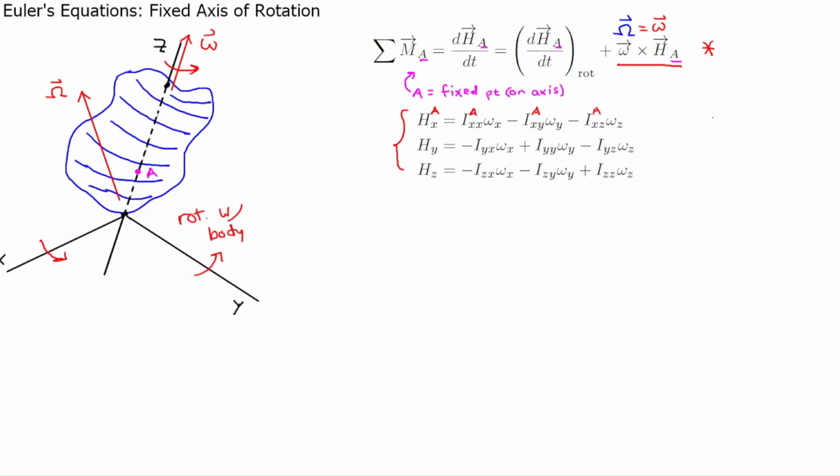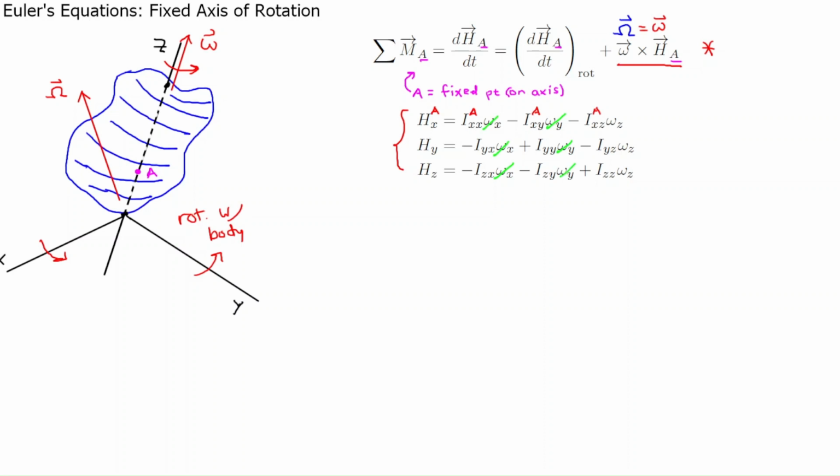Now, some nice things happen here in terms of simplifying. Because if we have a fixed axis of rotation, the only angular velocity component we have is the z component. So the x components are all 0, and the y components are all 0.